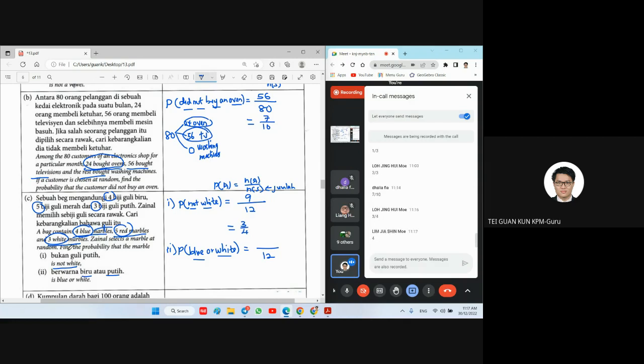Bilangan 4. Okay. White berapa? 3. So blue or white, so you kena tambah lah. So 7 lah. So blue or white ada 7 lah. So answer is 7/12 lah. Tak boleh bahagikan. So the probability is 7/12 lah. Kena ingat formula lah.